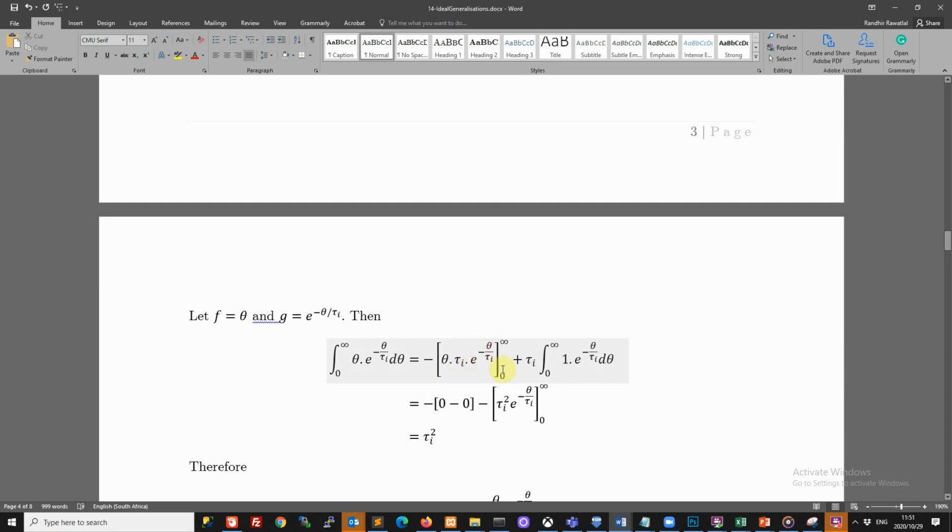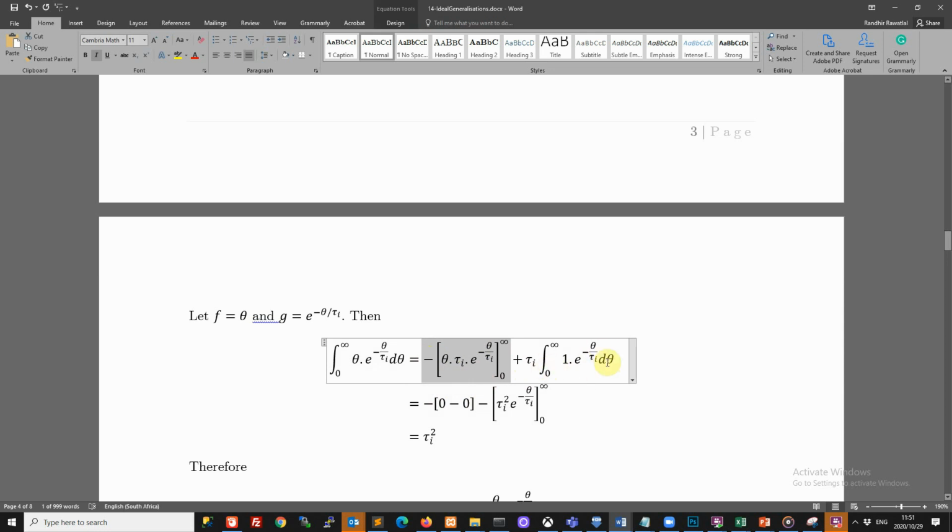So the upper limit part of this is going to give us 0. And then at 0, we've got theta here, so this is 0 times whatever comes here. So this is going to be another 0. In other words, this thing doesn't contribute anything to our eventual integral. So that's a 0, leaving us with the second part.